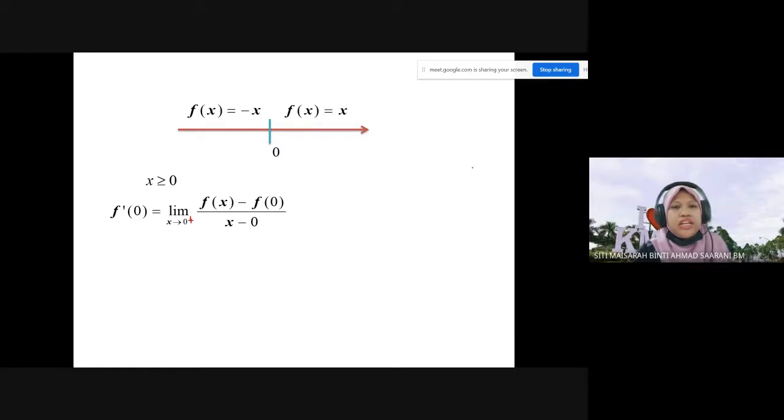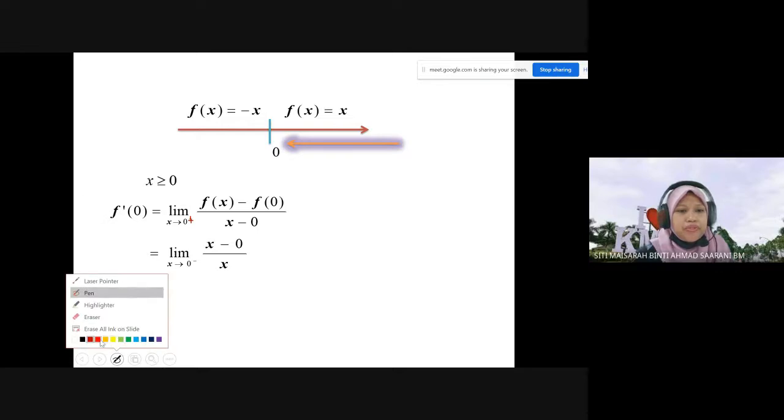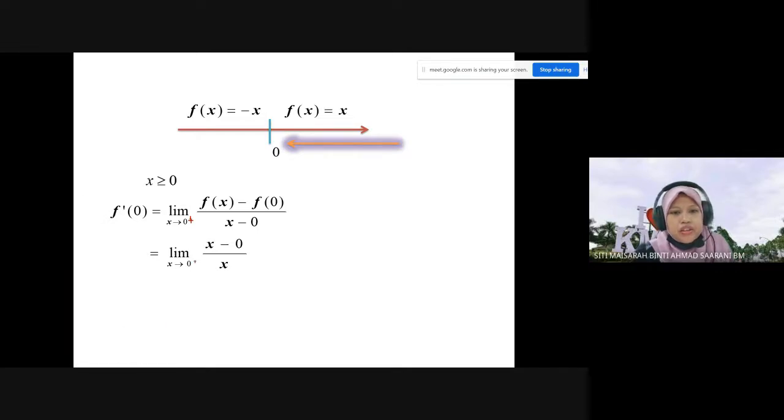So f(x) dia kita ganti dengan x yang belah kanan lah. Lepas tu minus f(0), f(0) dia sama yang tadi, kosong, over x. So then we get limit x approach 0 from right, x over x. So then limit x approach 0 from right, 1. So dapat 1 kat sini. Limit kanan saya 1.